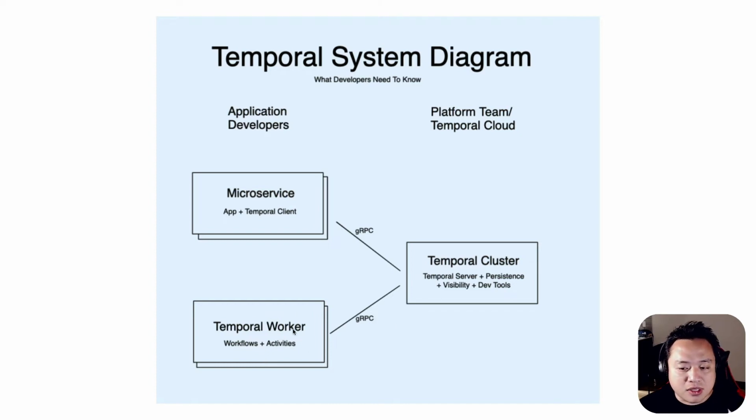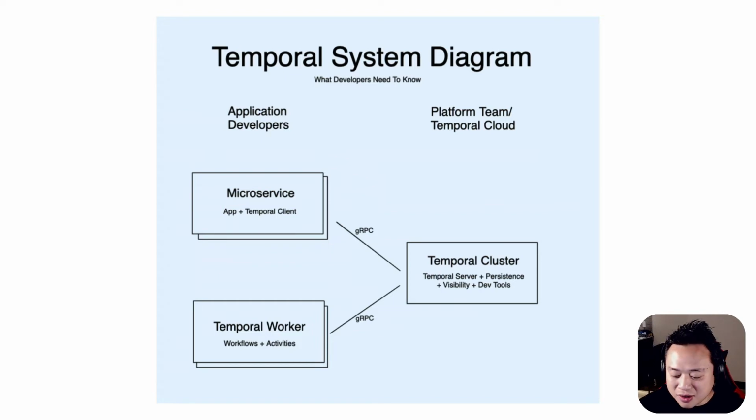And the workers hold all these workflows and activities to execute, whether it's to calculate the next state transition for workflows or to do something in the outside world for activities. And that's the rough order of operation as well, because there's usually some separation of responsibilities between application developers and the central Temporal platform. So that's a very basic app structure, but it's a lot of setup to do Hello World.